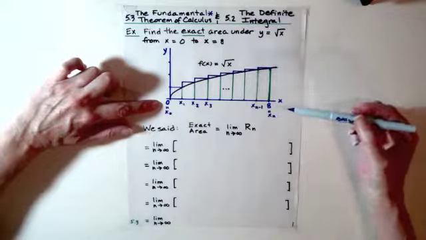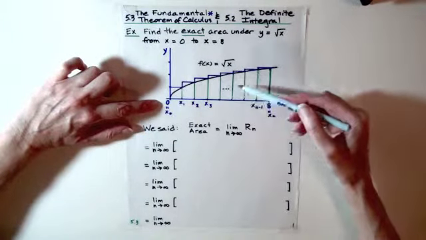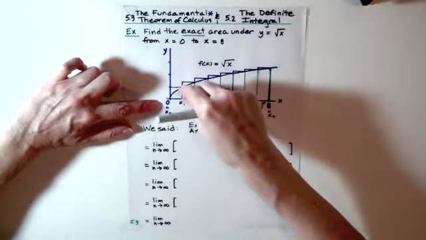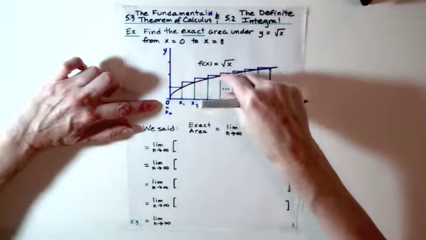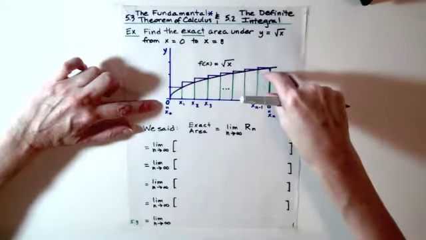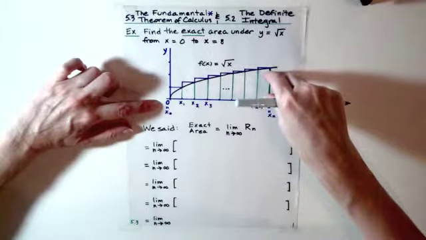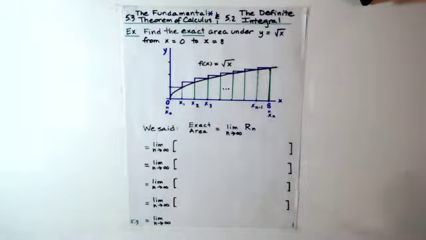Remember, we did that using these right-hand rectangles. What I've shown here are 8 approximating right-hand rectangles. We did it with left-hand rectangles, and we even increased the number of rectangles to 16, to 32, and I think we went up to 1,024 rectangles.